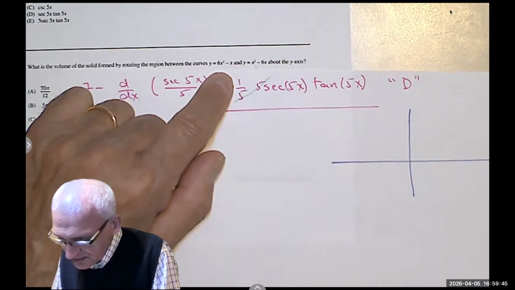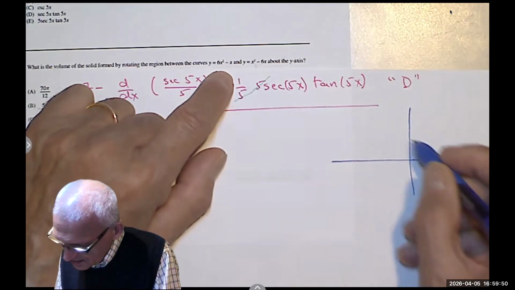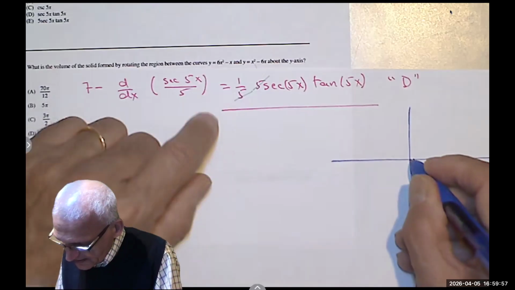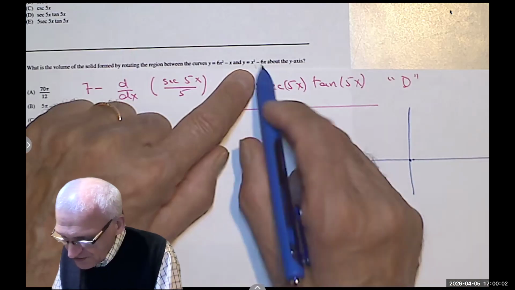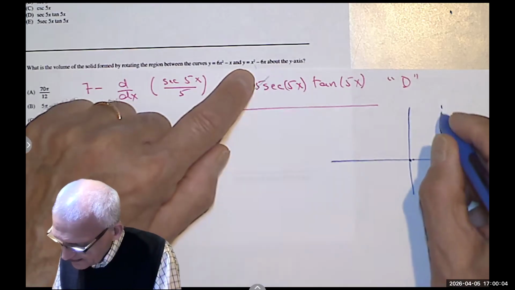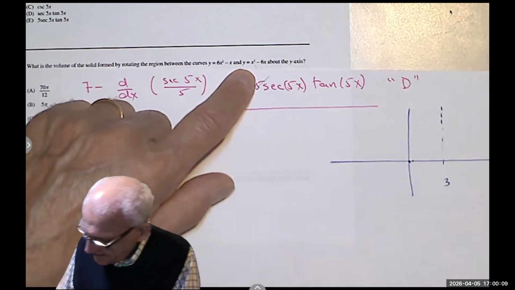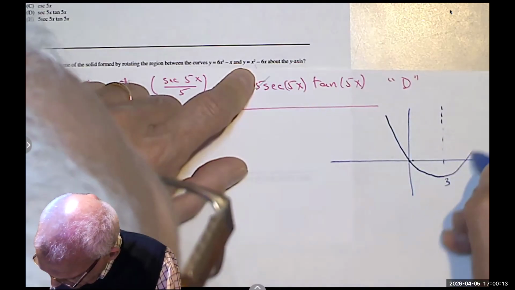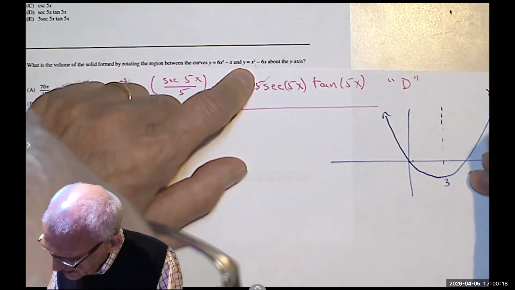Both of them pass through the origin, right? This one has an axis of symmetry at 3, so it has to go something like that. This is x squared minus 6x.